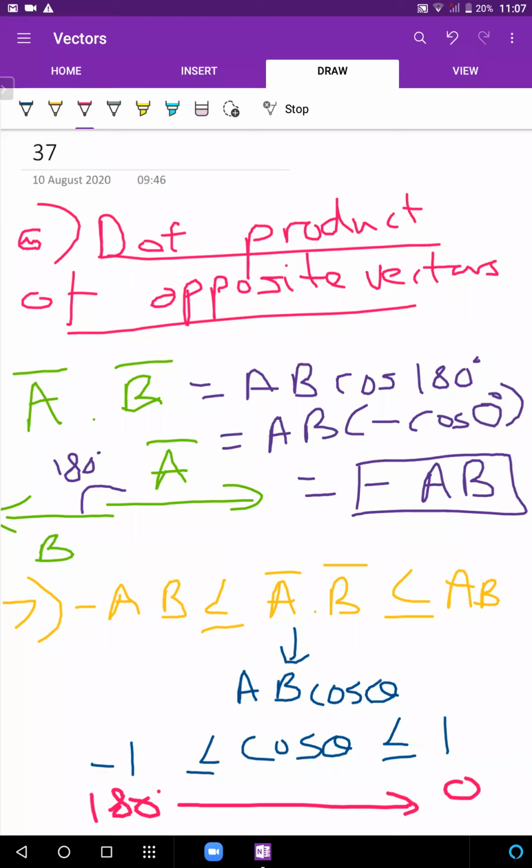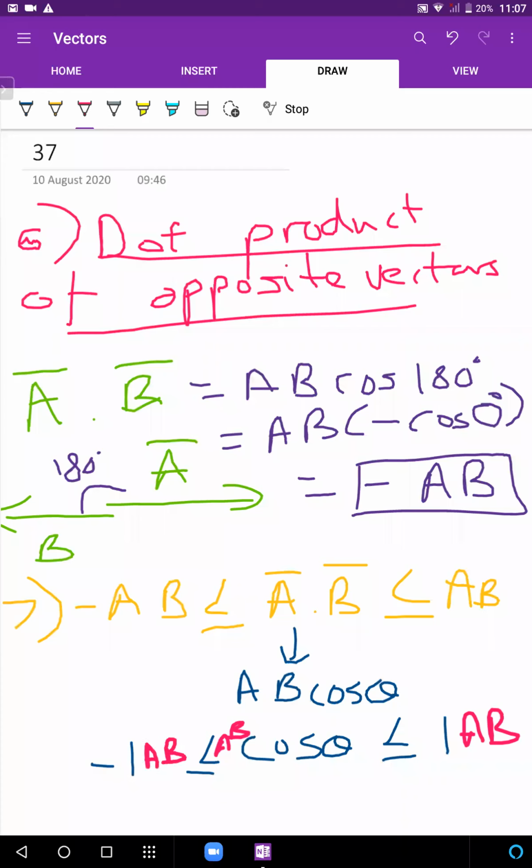Now because cos θ lies between -1 and 1, तुम ही बताओ cos θ को अगर मैं AB से मल्टीप्लाई करूंगा, wouldn't AB into cos θ lie between AB into 1 and AB into -1? सही है क्या बात, है ना? तो इससे क्या दिख रहा है, AB cos θ lies between -AB and +AB.